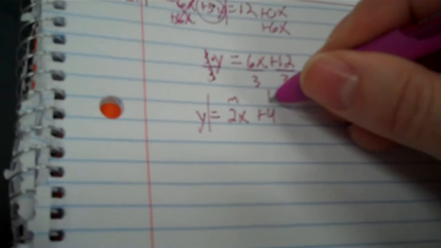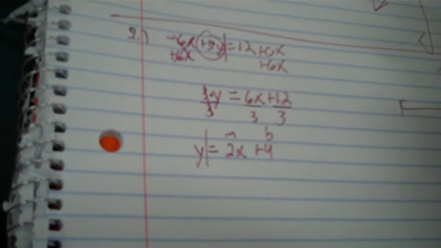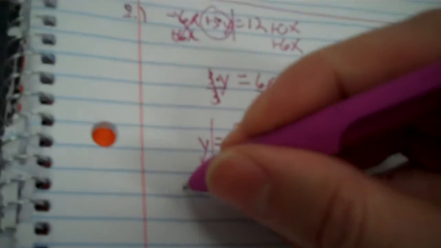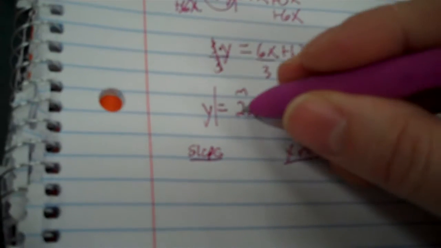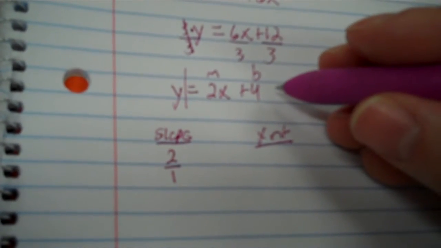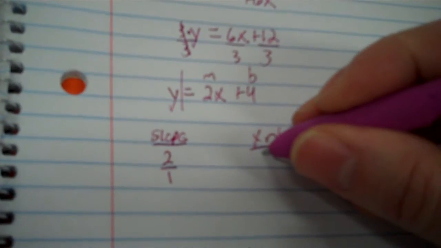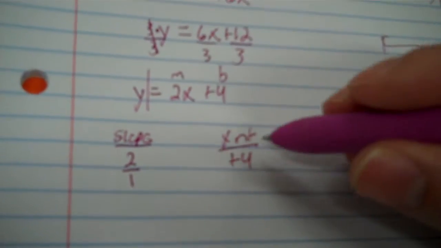So I have my m and my b, my slope and my y-intercept. The slope is 2, we'll put a 1 under it, and the y-intercept is plus 4. So on the y-intercept, we go up to 4. And then from there I'd go up 2, forward 1, about like that. Okay, and there's my line.